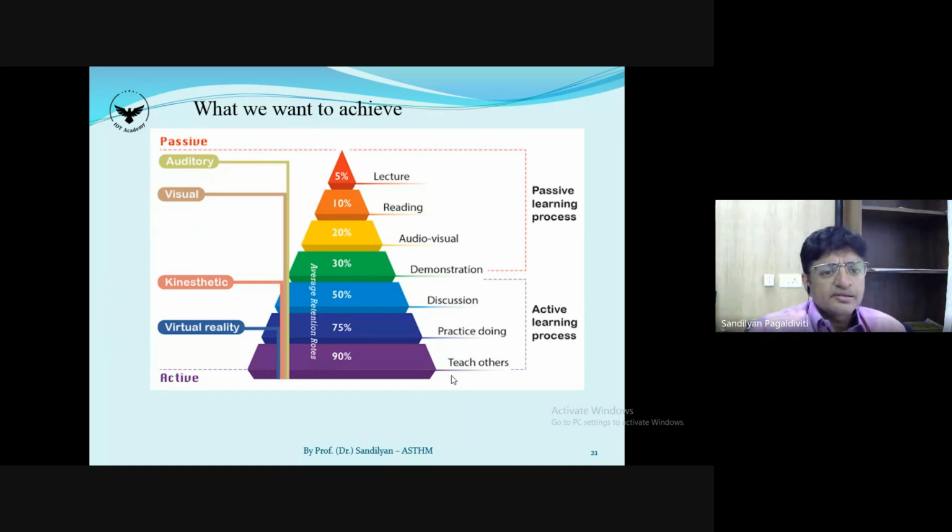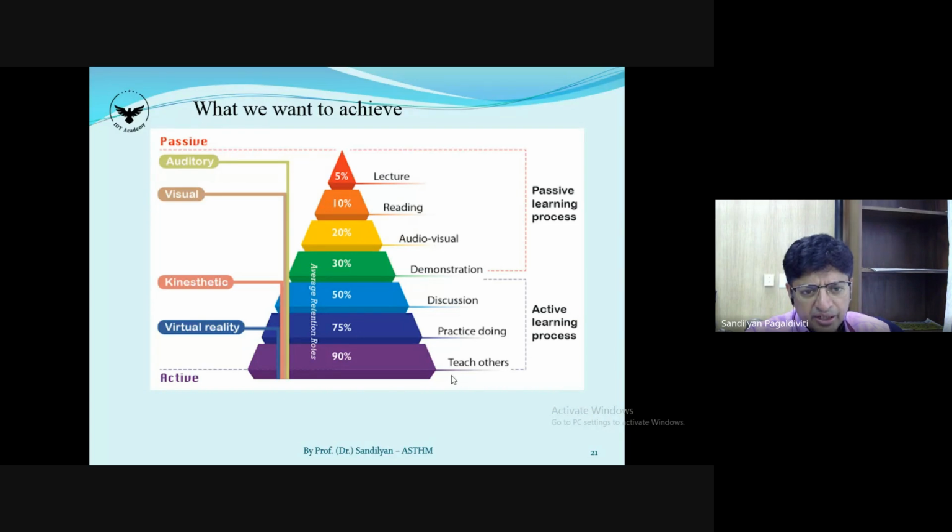Please look at this slide very carefully. When I see here at the top of the triangle, when the lesson is a lecture, the retention is just 5%.